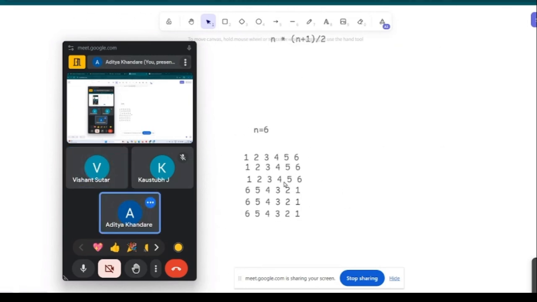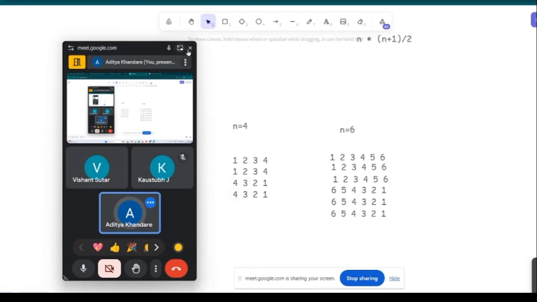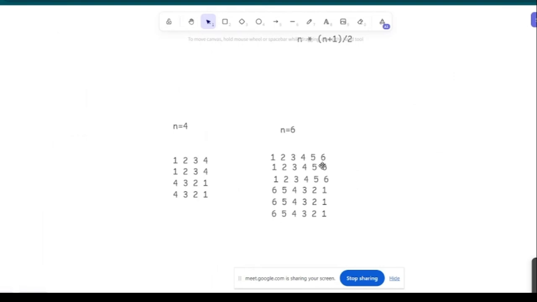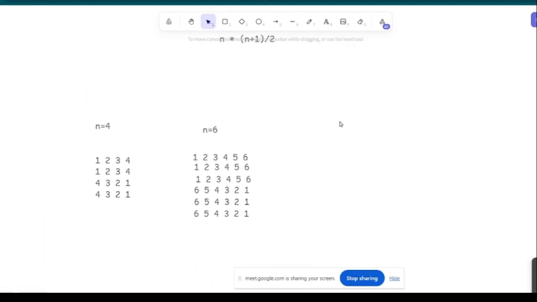And like I don't have a proof of why this works, but what I thought was, we know we have to take some sum similar to 1 to n numbers, right?